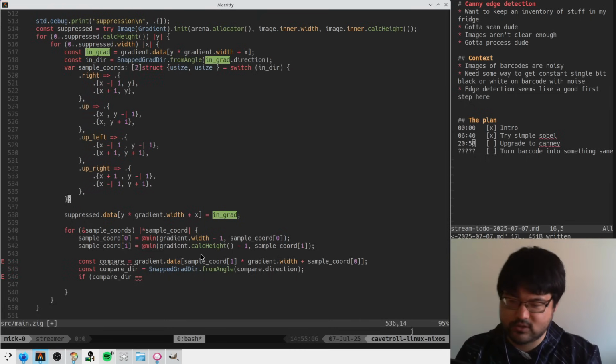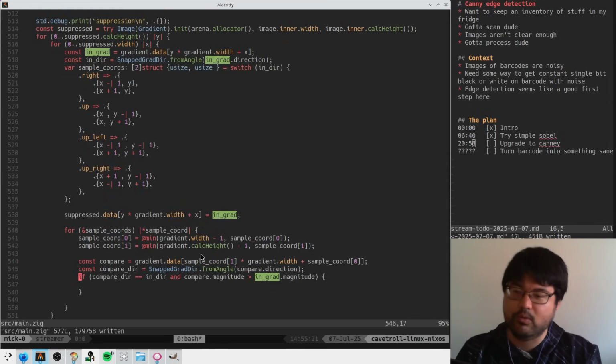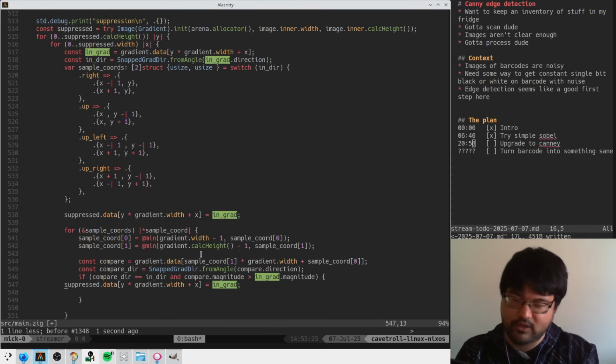So if this is equal, they're the same direction. And compare magnitude is greater than in magnitude, we replace our current location with nothing.